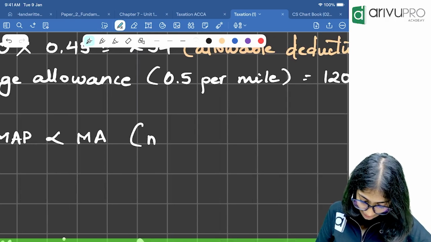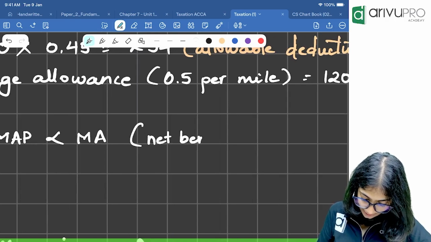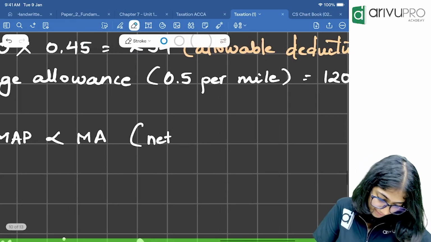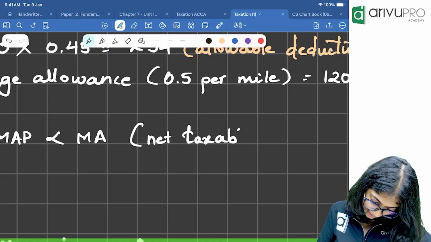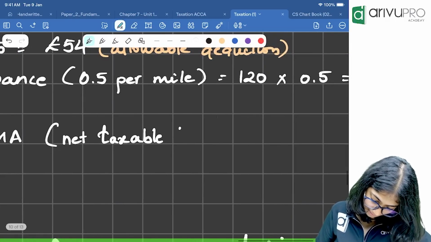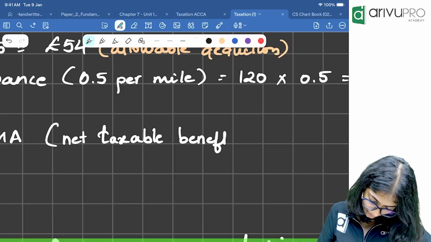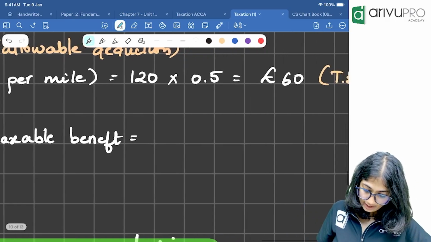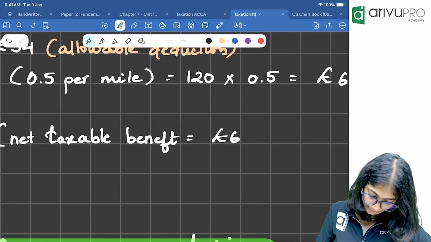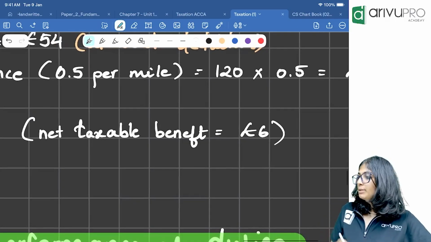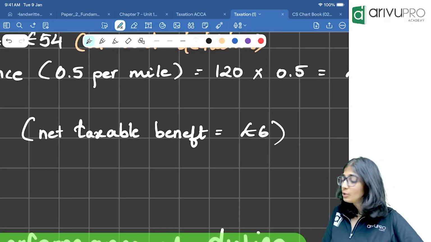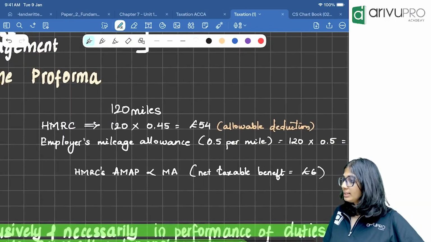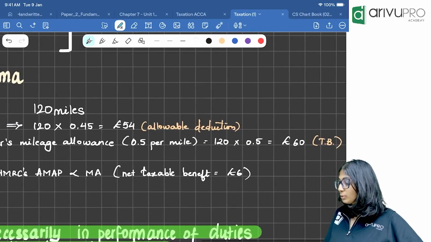There you're going to have a net taxable benefit of how much? 6 extra pounds. Your taxable benefit is going to be 6 pounds. That's the only thing that you need to remember. This is the example that is mostly given to you.